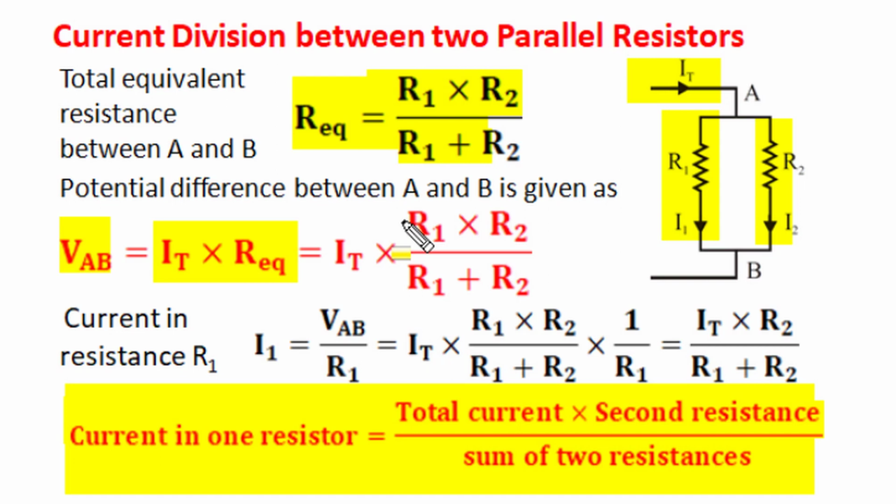In place of equivalent resistance we can substitute product by sum, and now the current in first resistance is voltage divided by resistance, and the value of resistance R1 gets cancelled out in the numerator and denominator, and we get the expression as total current multiplied by second resistance value divided by sum of two resistance values. And this is a very useful relation, but is applicable only when there exist only two resistors in parallel.